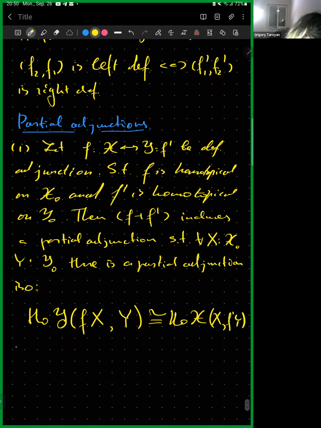So the properties of this adjunction are as follows. First of all, it is natural in x and y.